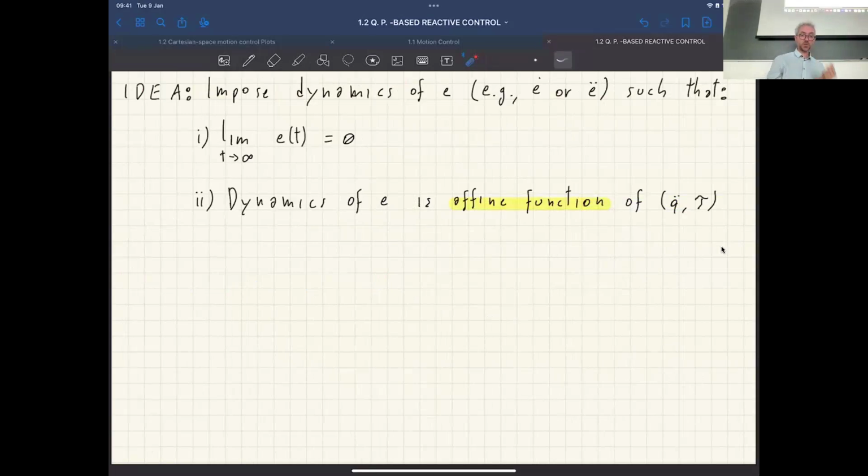The key idea that we're going to exploit is to introduce some dynamics for this function E. What I mean is that since E is something that I cannot control directly, what I can try to do is to control it indirectly by controlling its dynamics. By dynamics, I mean either the first derivative or the second derivative of the function.